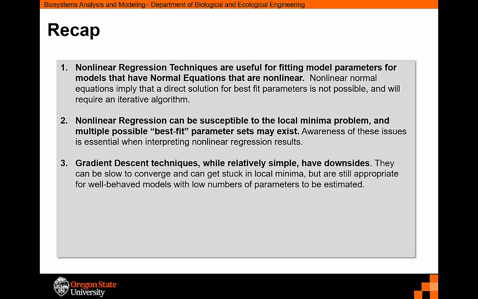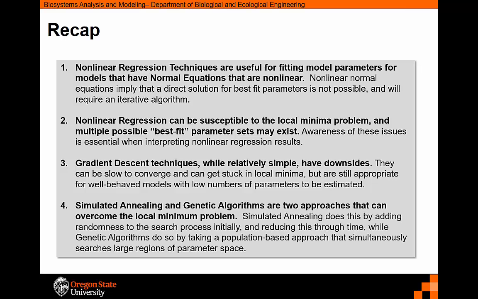Third, gradient descent techniques, while relatively simple, have downsides. They can be slow to converge and can get stuck in local minimum, but are still appropriate for well-behaved models with low numbers of parameters to be estimated. Finally, we reviewed simulated annealing and genetic algorithms as two approaches that can overcome the local minimum problem.